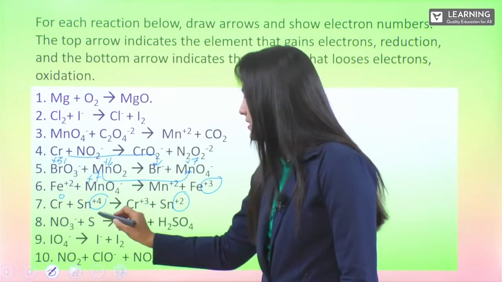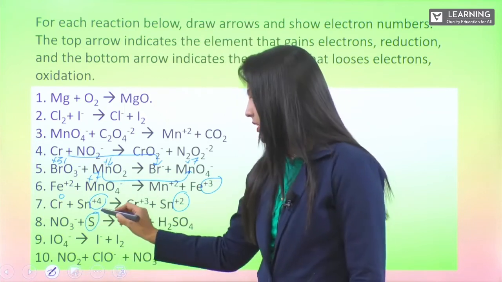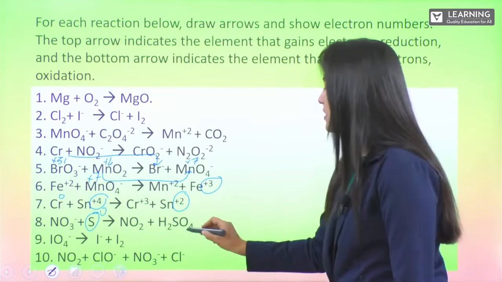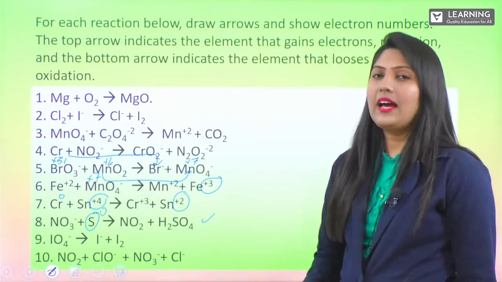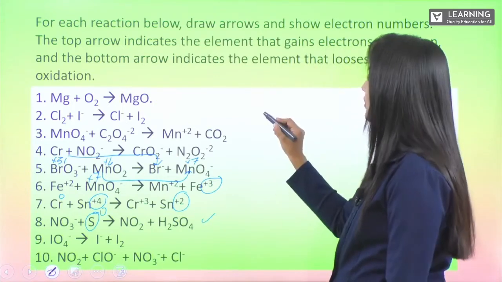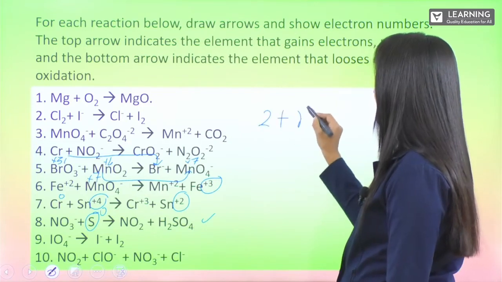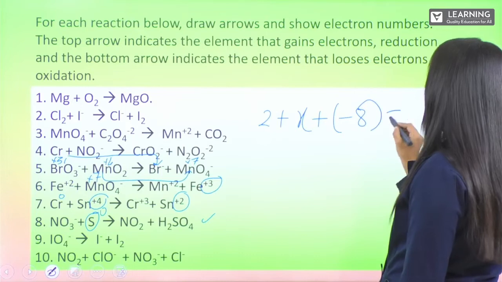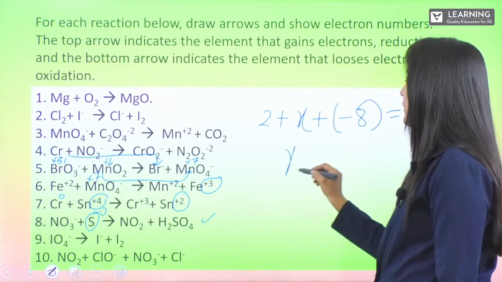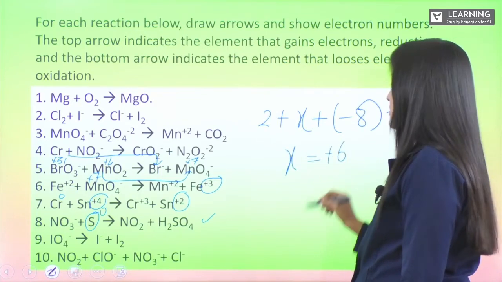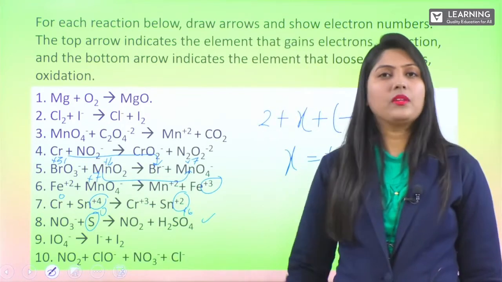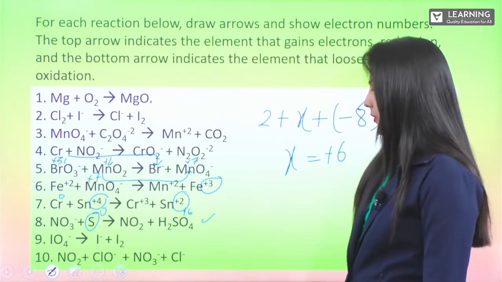Nitrogen, we can see the sulfur here first. You can go with the elementary ones, it will always be 0. As you see in the sulfuric acid, H2SO4, 2 plus x plus of minus 8 will be equal to 0. So x will be equal to plus 6. So sulfur will have plus 6 here, whereas it is in elementary form on the reactant side.